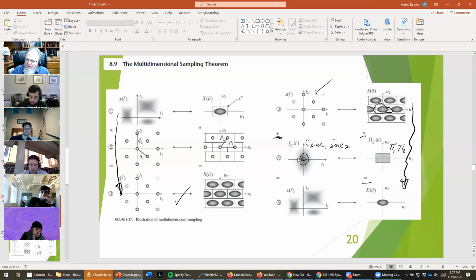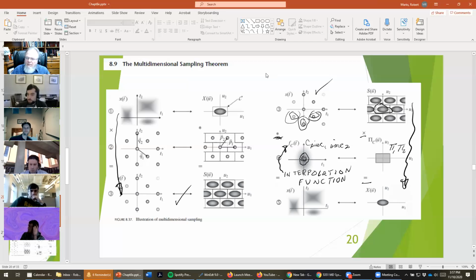That means that everywhere there's a Dirac delta up here, this interpolation function, and that's what this is, this is an interpolation function, is replicated at every point up here, isn't it?